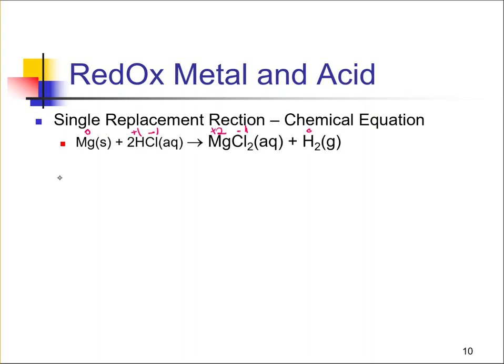The net ionic equation is going to be just the elements that change oxidation numbers. You could still include chloride in here too, but just focusing on the ones that are changing oxidation numbers makes it a little easier to see.